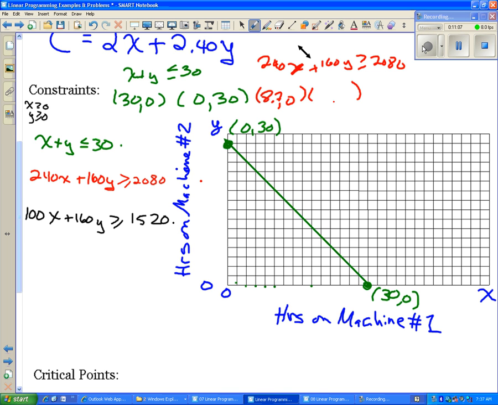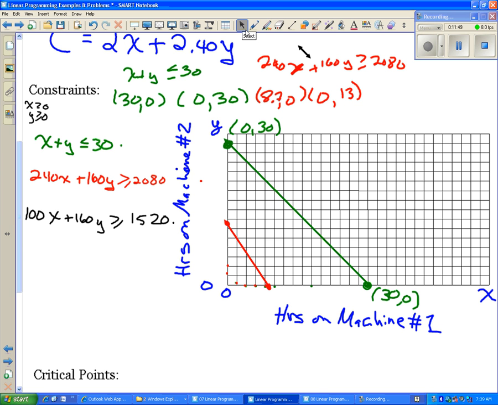If I plug in 0 for x, that's 2080 divided by 160, and that's 13. So I can plot these 2 points in red: 8.7, which is almost 9, and 13, right in the middle of 12 and 14. I want to draw this line, so I'm going to use a red line like that.